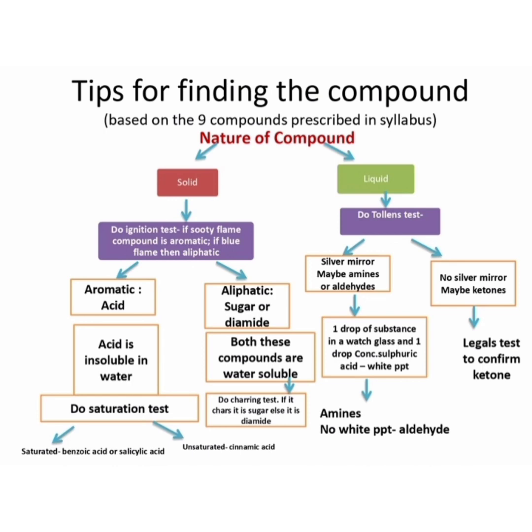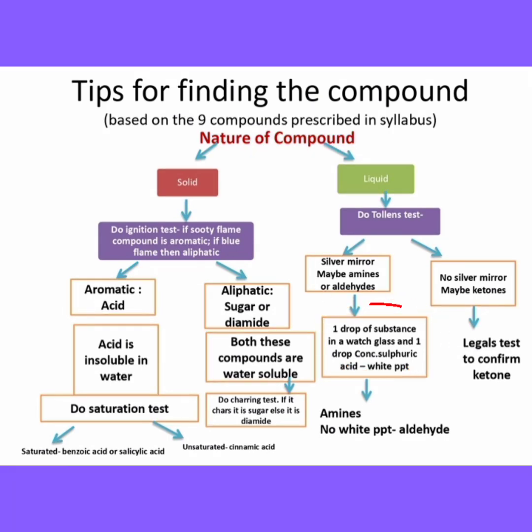In case you get a silver mirror, I said it may be an amine or an aldehyde. So in that case, in a dry test tube, take a drop of the substance which is given to you, or you can also alternately do it in a watch glass, just 1 drop of substance, and add 1 drop of concentrated sulfuric acid. Remember, it should be in a dry plate or a test tube. If you get a white precipitate, then take a portion of the precipitate, dissolve it in water and see.